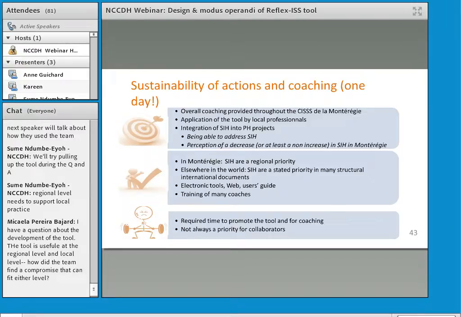So, sustainability of action: we hope in Montérégie that it will stay as a regional priority. By doing the electronic tool, the web and everything, it makes it easy for everyone to use it. And we still need to have time to promote the tool, to coach, to make all the training available for everyone.